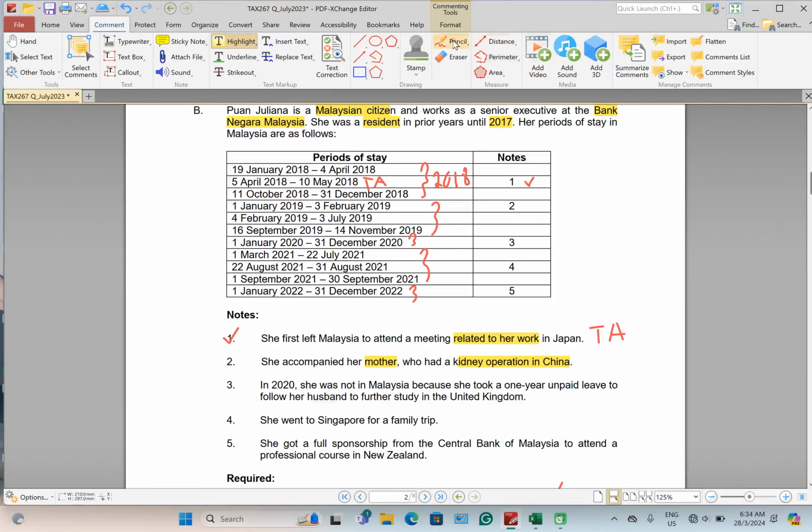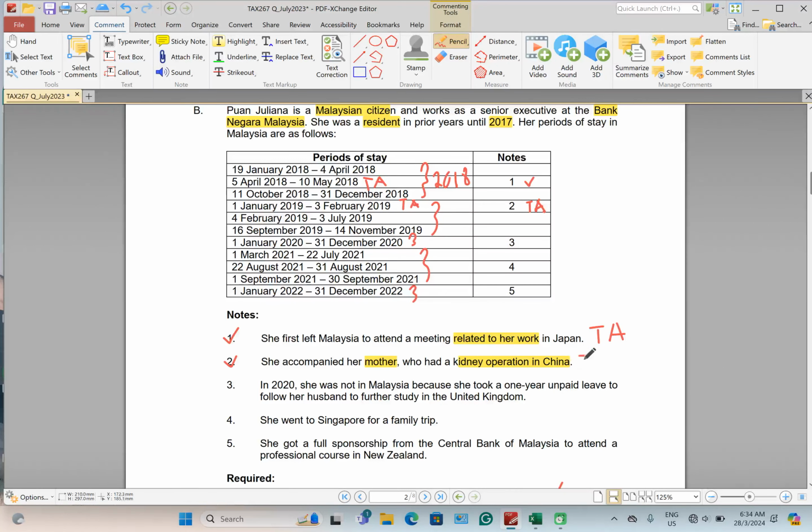Guys, do we have TA related to ill health? Definitely. Immediate family members also cover parents, and very obviously, mother is her parent. So what about note number 2? This is also TA. So later we are going to record this as TA.